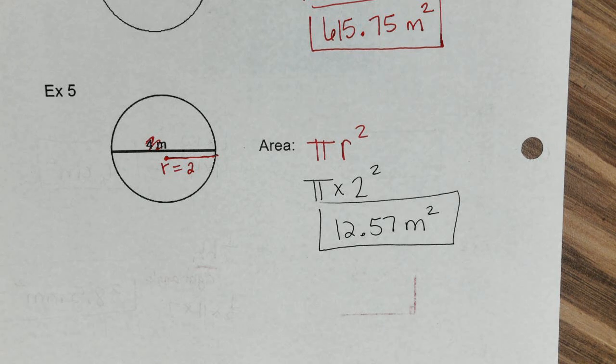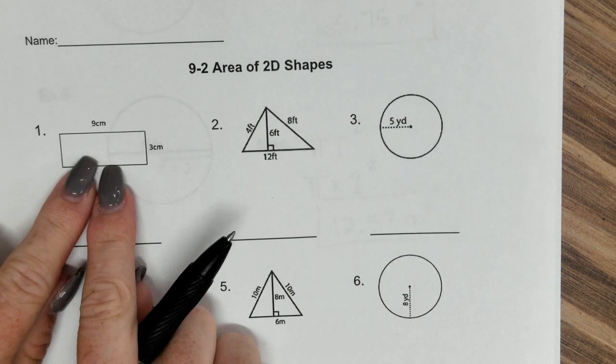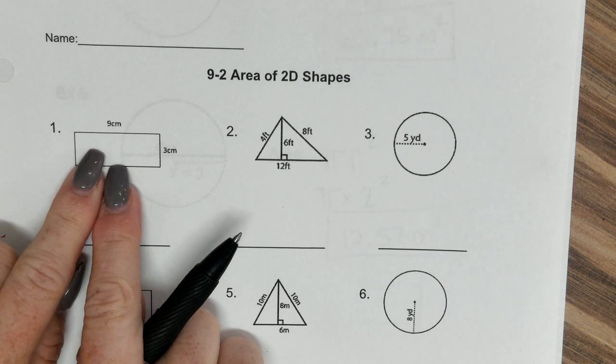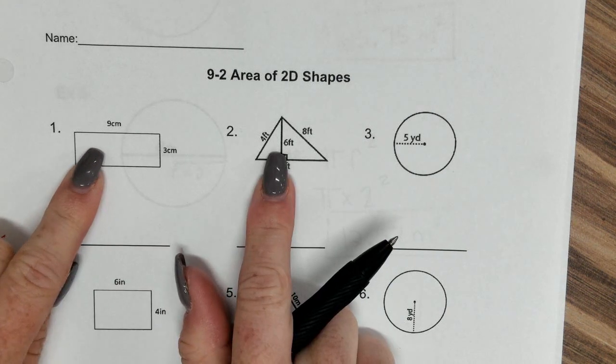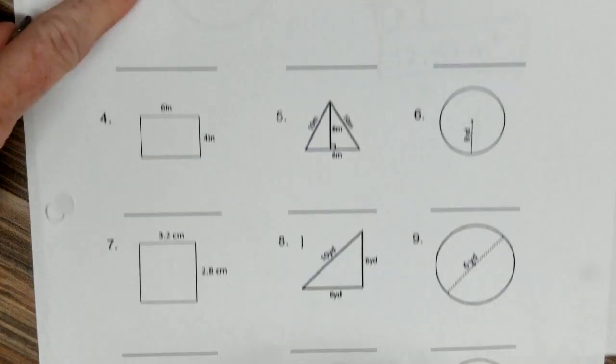Now, what I have taught you is a review again from 3rd through 7th grade. Your job, everybody look up at the board. This is what your assignment looks like. You're going to have rectangles, triangles, and circles. If you want, go do all the rectangles first.